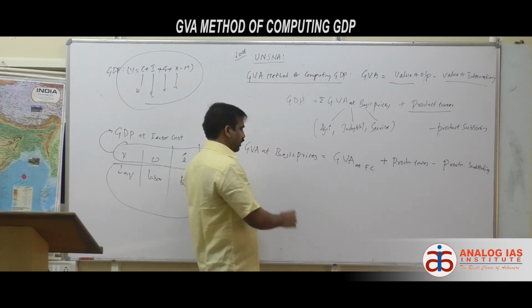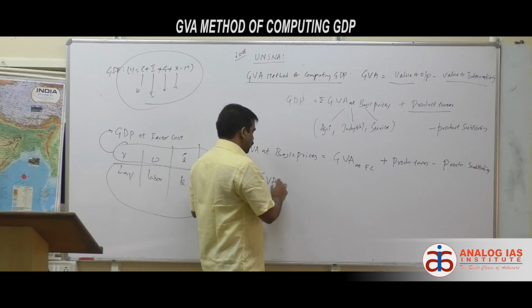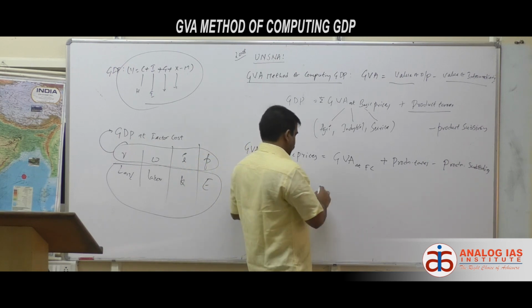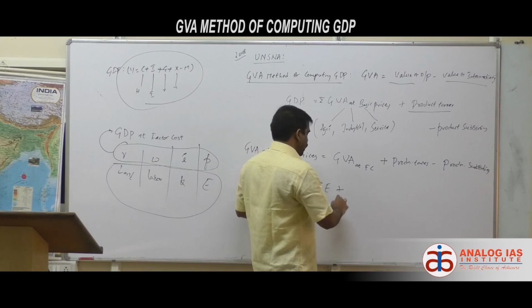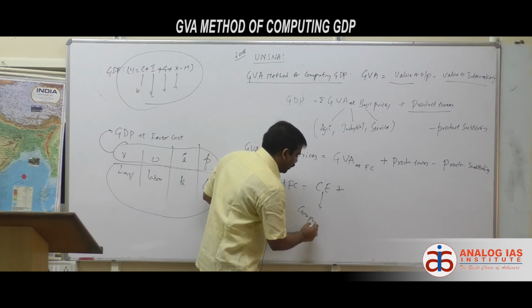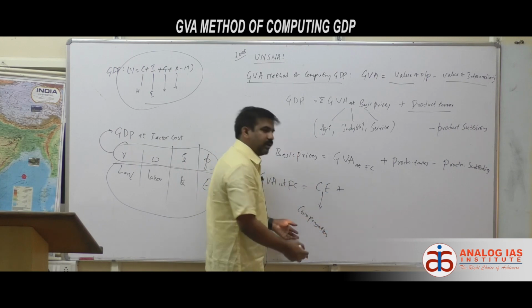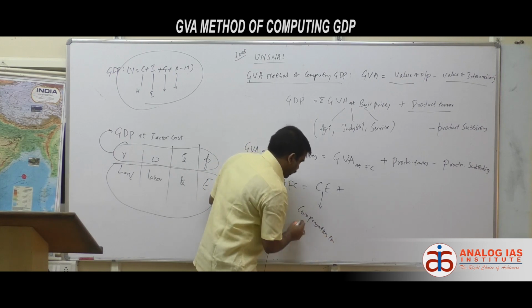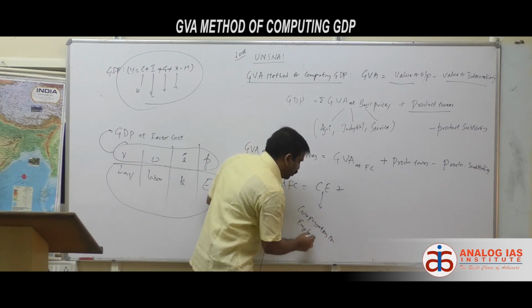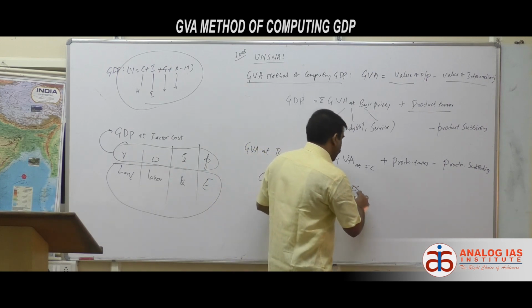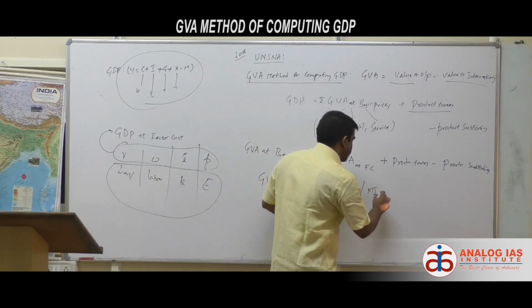How is it calculated? The formula to compute GVA at factor cost is simply given by CE, which stands for compensation of employees. To simply speak, the wages you pay to employees, the amount of money you pay to your employees, plus operating surplus or mixed income.